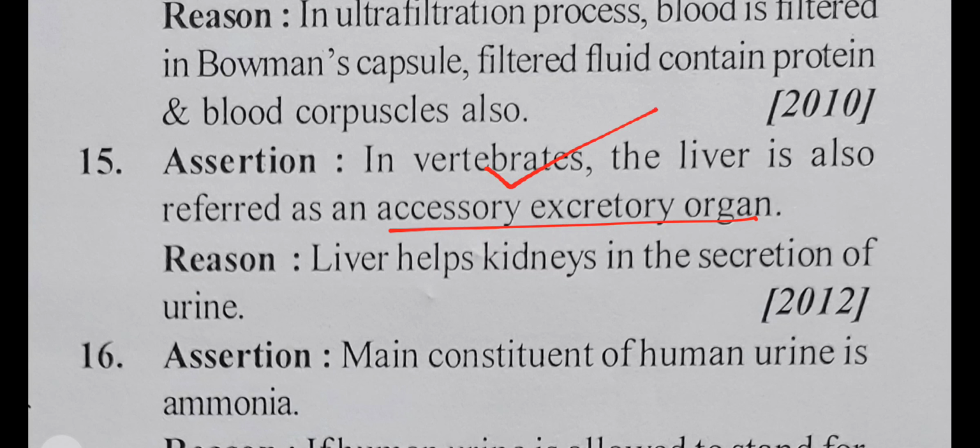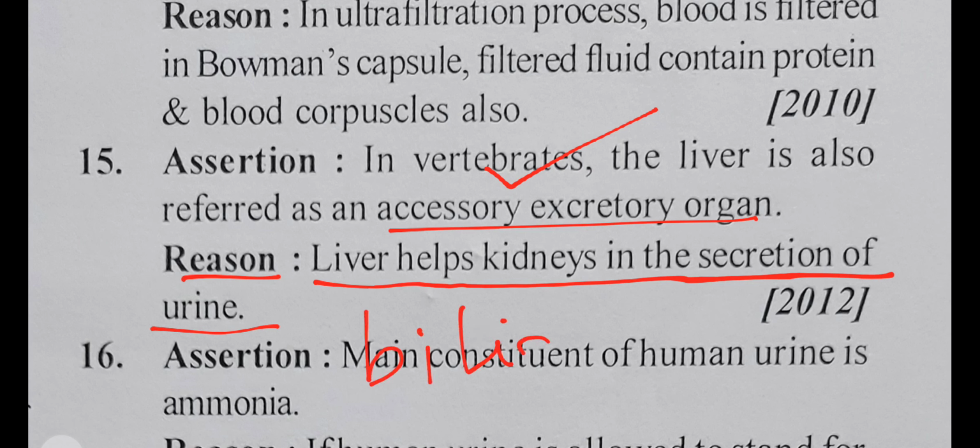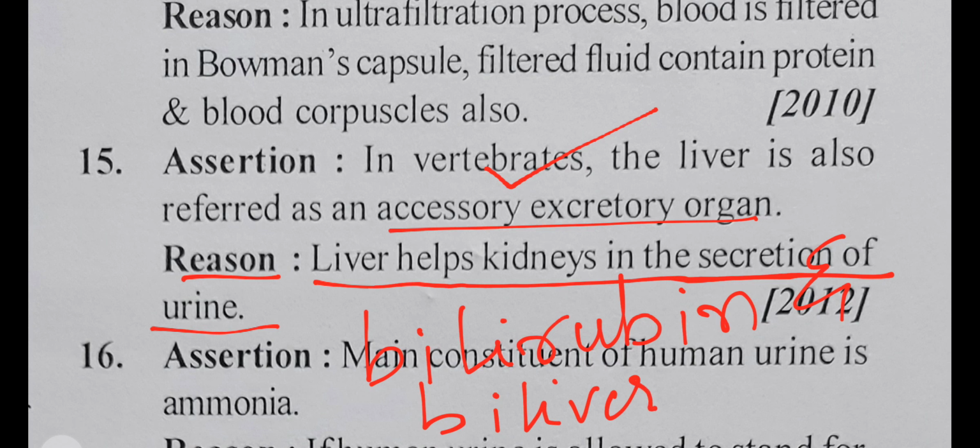Now we'll go for the reason. Liver helps kidneys in the secretion of urine. Basically the liver is a principal organ for excretion of cholesterol and bile pigments, which we call bilirubin and biliverdin. These bile pigments are excreted, along with inactivated products of steroid hormones, and also some amount of vitamins and some amount of drugs.